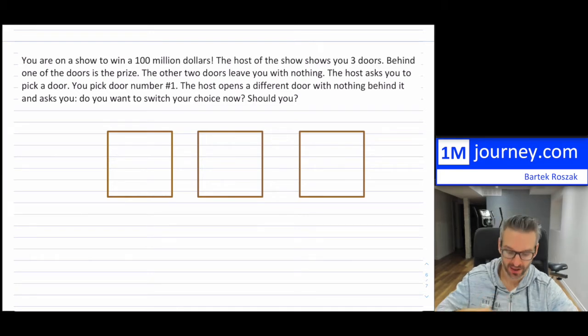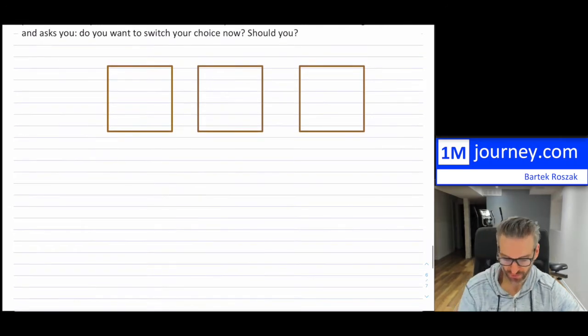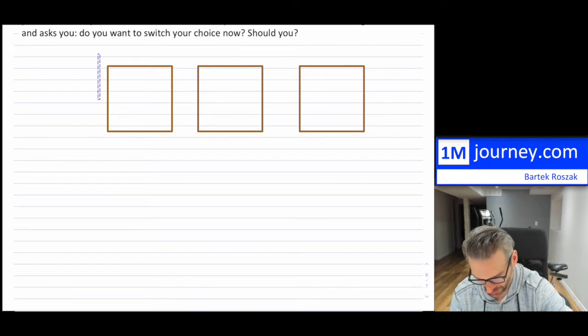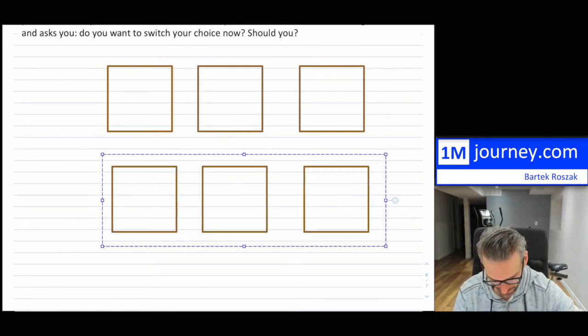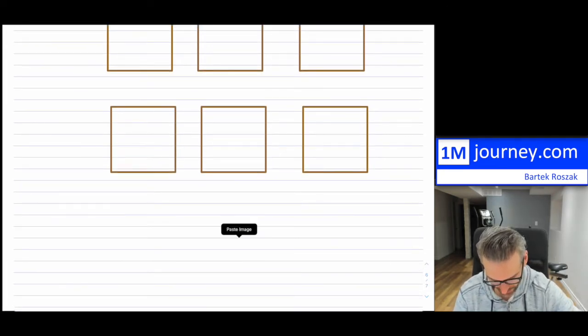So let's imagine we have these 3 doors. What can happen with the 3 doors? I'm going to duplicate this. There are really just 3 different alternatives here.